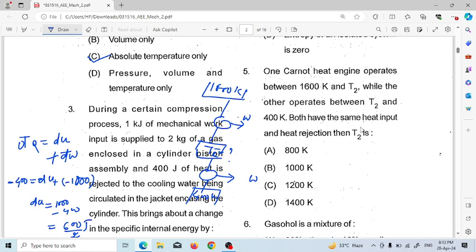So given the same heat input and same heat rejection, this is Q1 and this is Q2, and this also Q1 and this also Q2. So from the first law, for the first engine, Q1 is equal to W1 plus Q2.